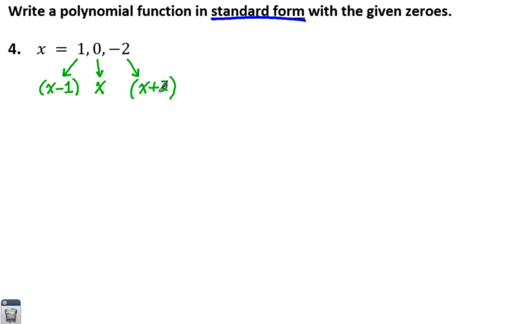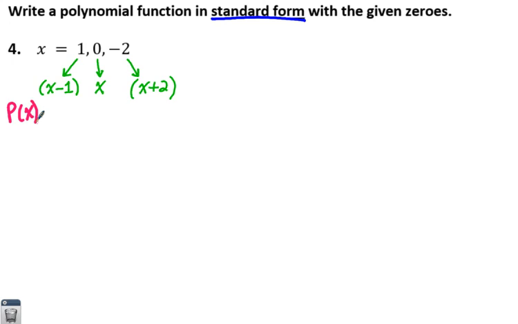Okay, from here, you just have to what? Multiply all these factors together, multiply them all together to come up with the polynomial function equation. Most textbooks might use p of x or something.